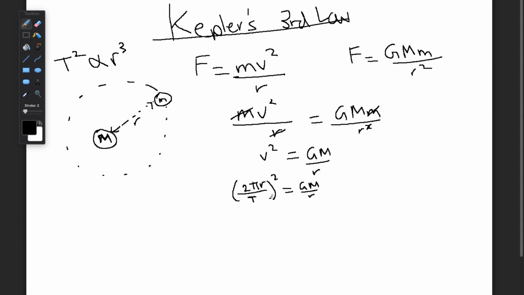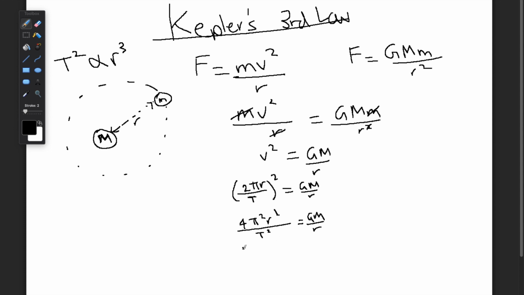So let's expand this out. We have 4 pi squared r squared over T squared is equal to GM over r. Then I'm going to multiply the right side by T squared and the left side by r.